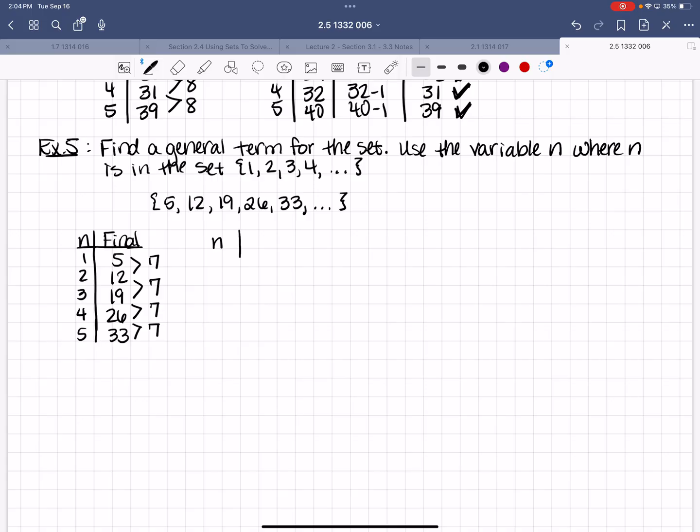Okay, so I've got my n. And then I know that 7 is what I'm multiplying n by. So I do 7n. 1, 2, 3, 4, 5. Okay, I'm going to leave a blank because I might need it.